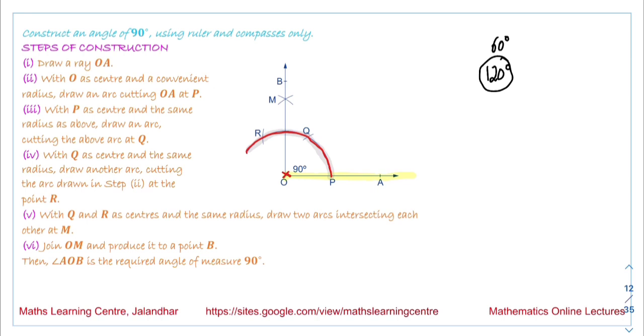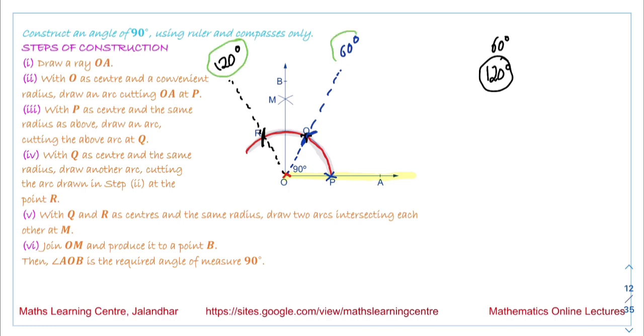We keep the tip of the compass at this point P and mark this arc Q. Then we keep the tip of the compass at this point Q and mark this arc R. So what we have drawn till now is this angle of 60 degrees, and this angle of 120 degrees.